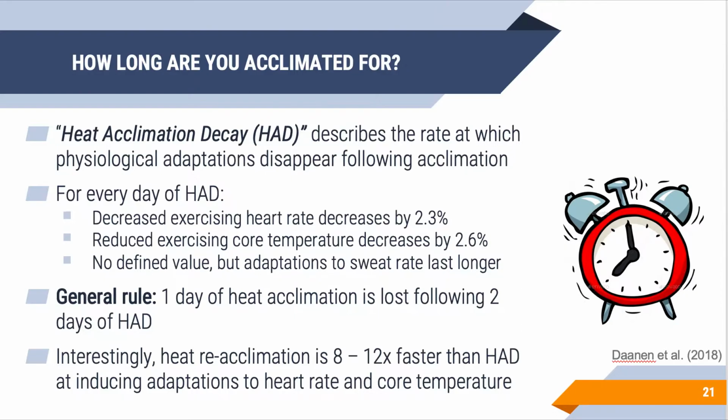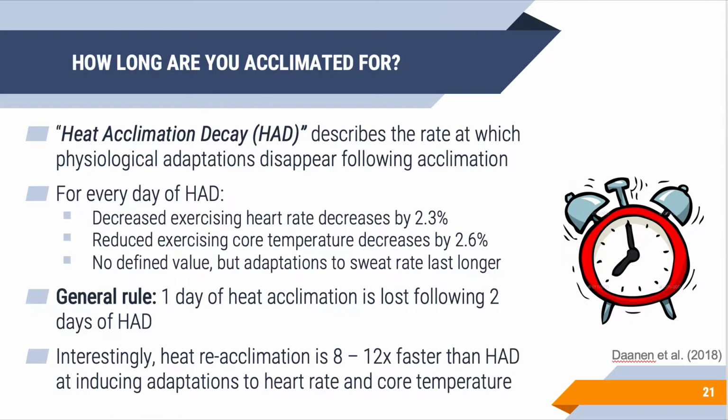The general rule of thumb is that 1 day of heat acclimation is lost for every 2 days of heat acclimation decay. So it's about half for each day of decay.